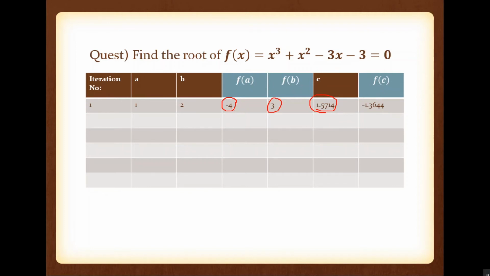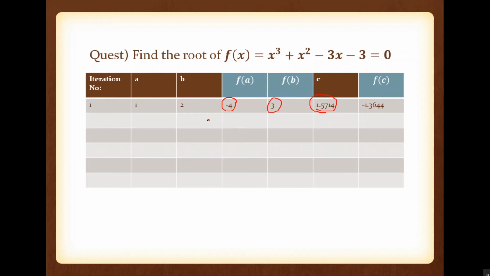Is it positive or negative? f of a is negative, f of c is negative, so its product is positive. So what do we have to replace, a or b? Yes, if f of a into f of c is positive, we have to replace a. If f of a into f of c is negative, we have to replace b. All of you, any doubt? Anybody?